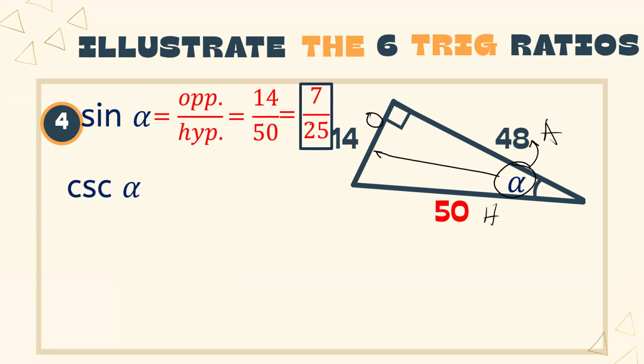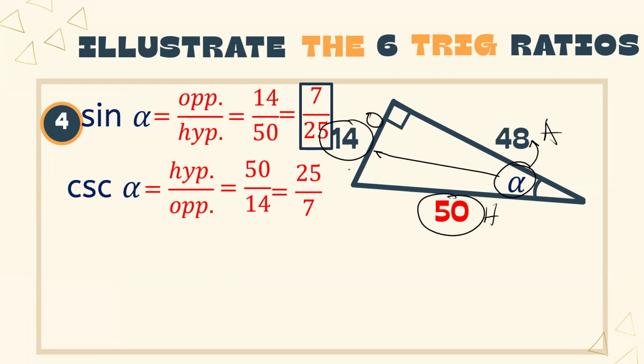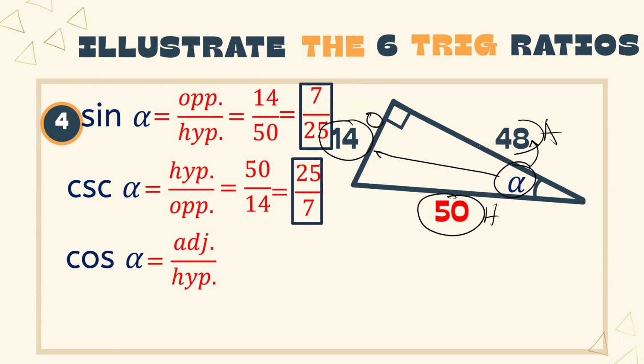Then cosecant alpha, that's hypotenuse over opposite. That's 50 over 14, that's 25 over 7. We need to simplify the values of the 6 trigonometric ratios to their lowest terms. Then cosine alpha, cosine is adjacent, 48 over hypotenuse, 50.